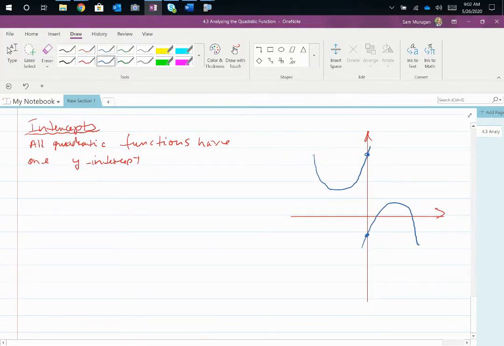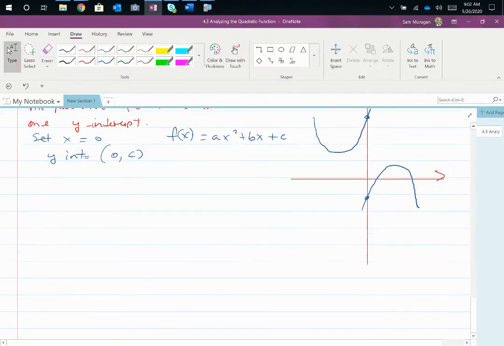Always have a y-intercept. So to find it, all we would do is set x equal to 0, and we would get the y-intercept, which is the constant. When x is equal to 0, it's the constant term in f of x is equal to ax squared plus bx plus c. Because if we set x equal to 0 here, we would be left with c. So the y-intercept is always the constant term.